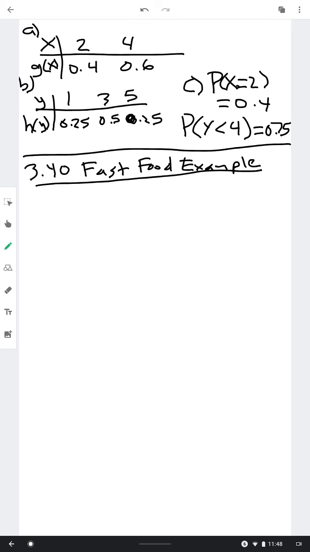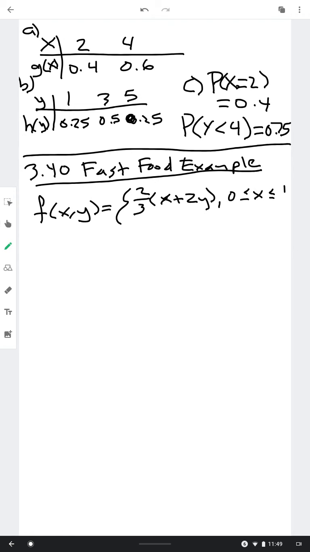And suppose that the joint density function of these random variables is given by f of x, y equal to 2/3 (x plus 2y), where x goes from 0 to 1, y also goes from 0 to 1, and 0 elsewhere.